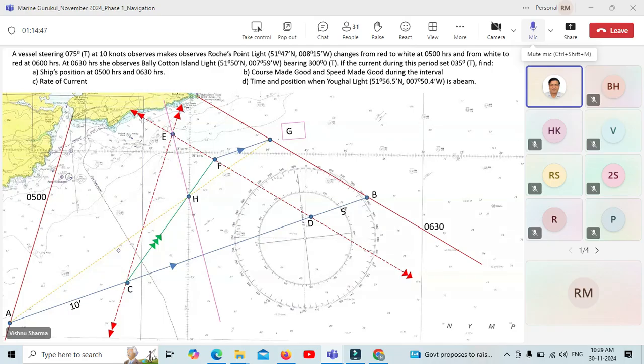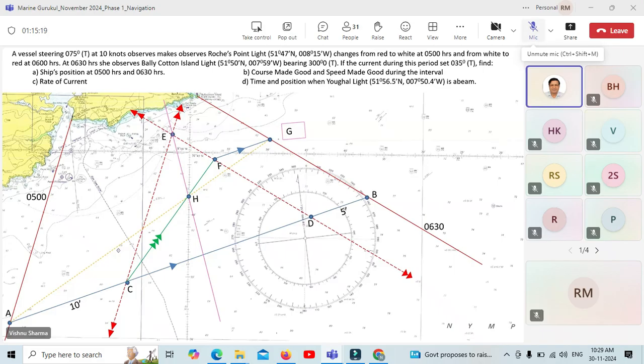Yes, yeah. AG is a straight line joining A and G. Put your ruler on A and G and join them with a straight line. You have point A and you have point G, Raghav. Just join them with a straight line. Okay, and you get H and you get the ratio line, right?